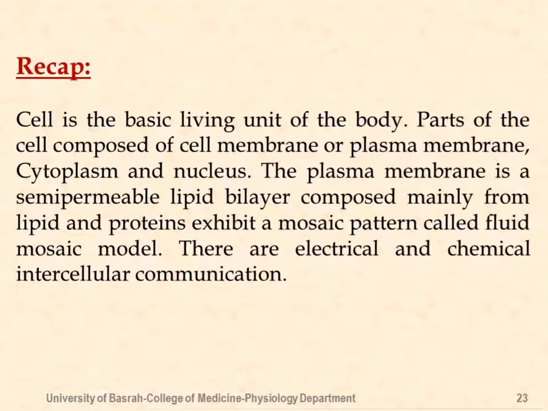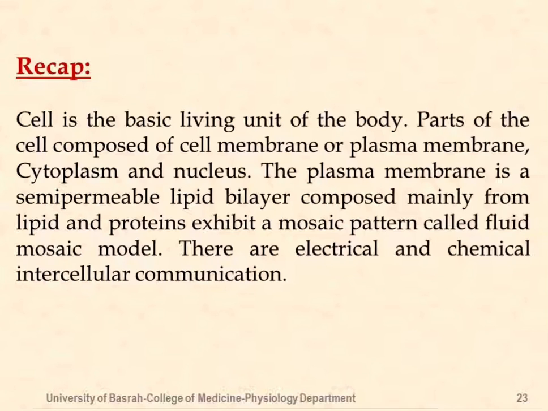Now, in general, the cell is the basic living unit of the body. Parts of the cells usually composed of cell membrane ما يسمى بالplasma membrane أو plasma lemma, cytoplasm and nucleus. بس هذا مو معناته انه كل الخلايا لازم تحتوي على النيوكليوس، لا، وانما بالغالب الكبير انه الخلايا الحيه تحتوي على النيوكليوس، وانما بعض الخلايا قد لا تحتوي على النيوكليوس، لكن احنا نحكي عن الغالبيه.